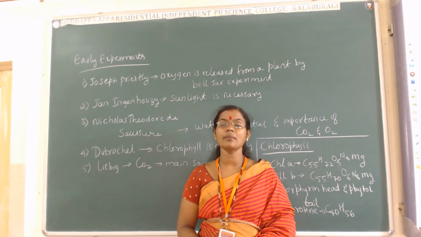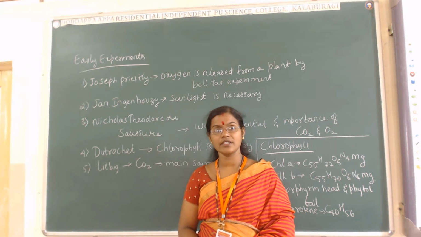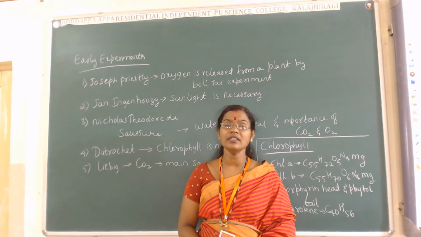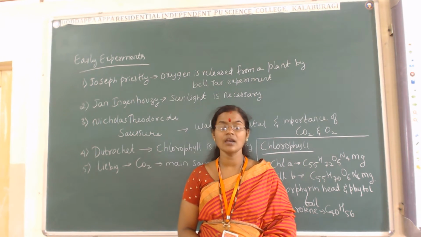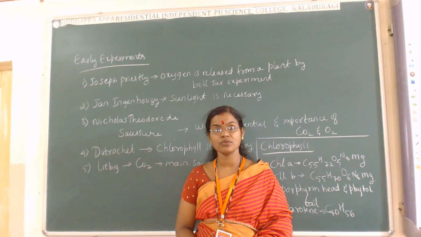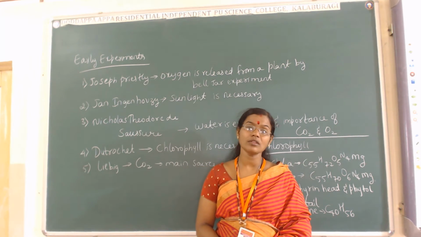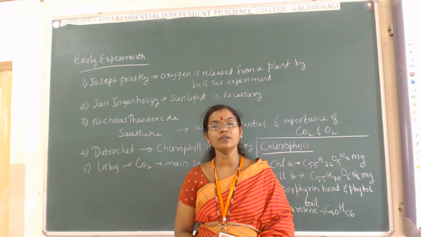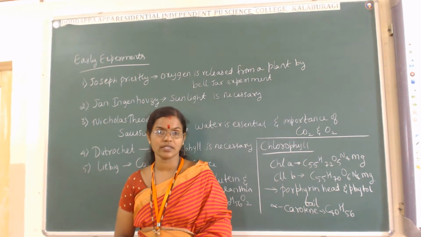That is why carbon dioxide plays a very important role in carbohydrate synthesis. Nearly 0.03 to 0.05%, maximum 1% of CO2 is required for photosynthesis. If it is more than 1%, it leads to a toxic substance.